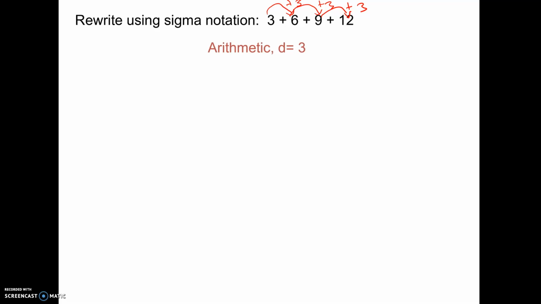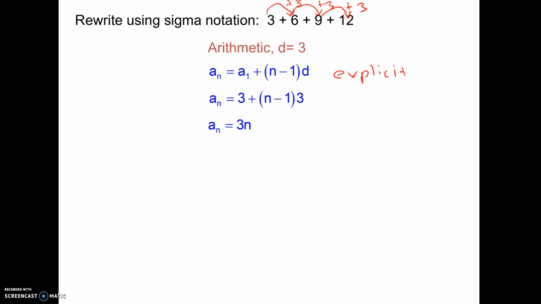The cool thing about this is that in the summation formula, you just write the explicit formula. So this is how you get your explicit formula. And that's what we want in our summation so that we can write each term. So if a sub n is 3 plus n minus 1 times 3, then my general formula to get any term is 3n.